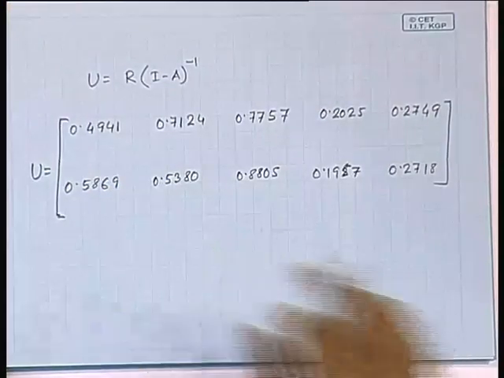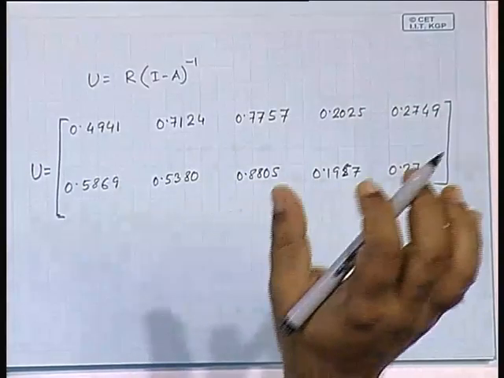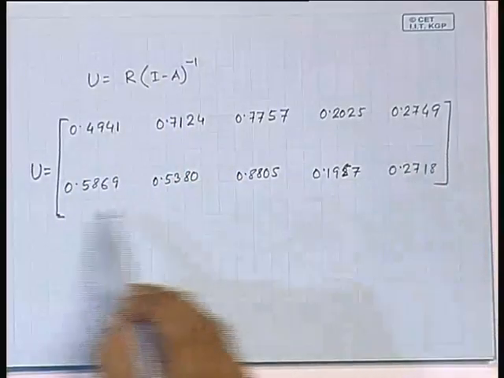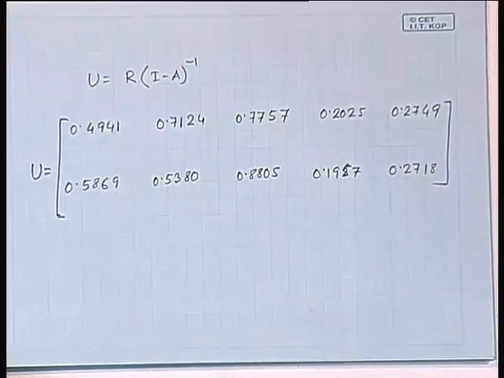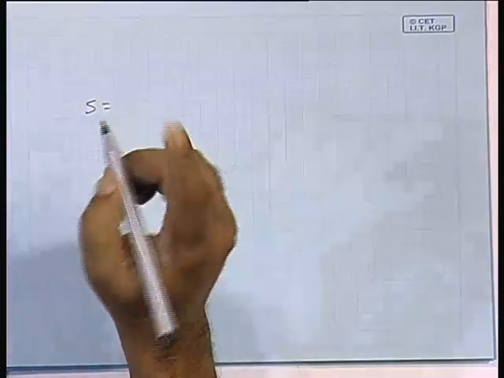So what I have done is I have taken some particular rows from the A matrix, and multiplied by the (I minus A) inverse. What does it imply? It implies that this, when multiplied with Y, will give the total amount of indirect use of energy. Okay. Now, what is the S matrix for this particular case?